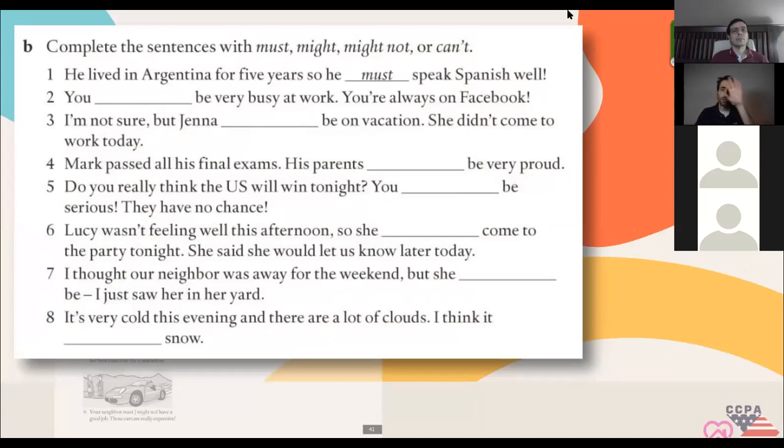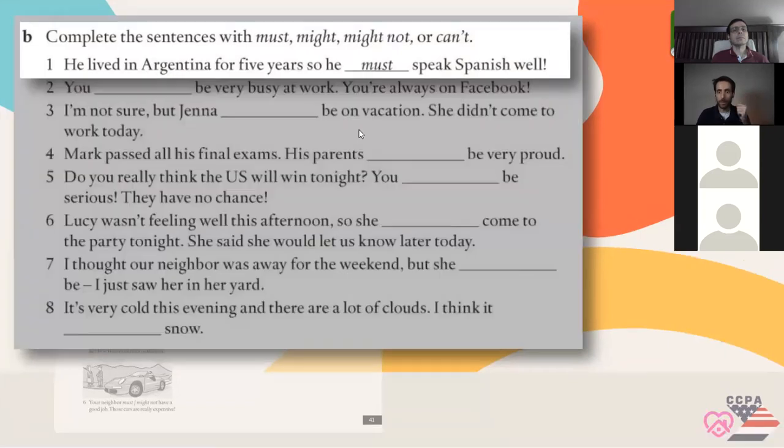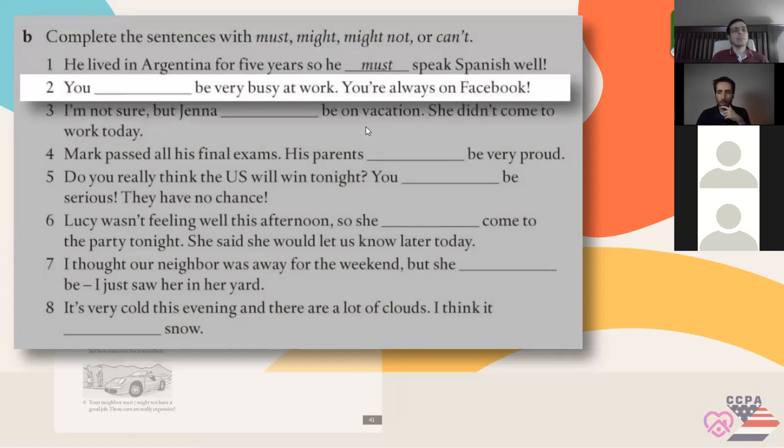Again, based on the context, we are supposed to determine what is the corresponding deduction that we're supposed to make, right? The example, he lived in Argentina for 5 years, so he must speak Spanish well. And that is our deduction. Robert, what about number 2? What do you think?